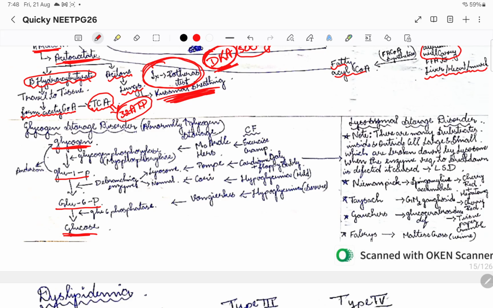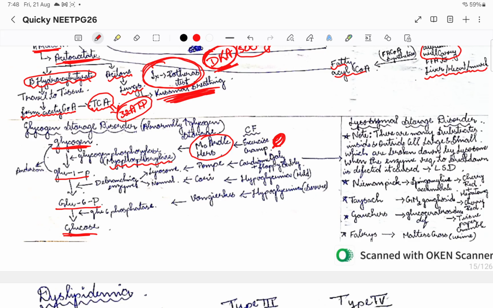When there is a defect in this, particularly myophosphorylase, then McArdle's or Hers disease can be seen. Here it is going to present with exercise cramps. In the question itself, they will be telling a person with low glucose, hypoglycemia, who gets exercise cramps when he exercises. So directly go for McArdle's disease.